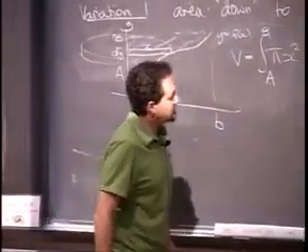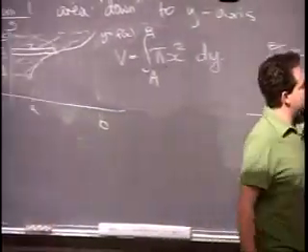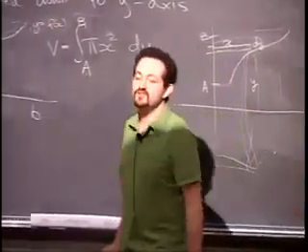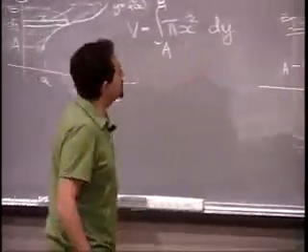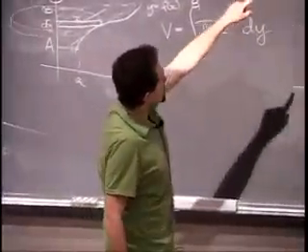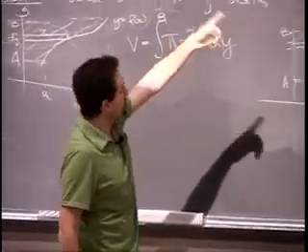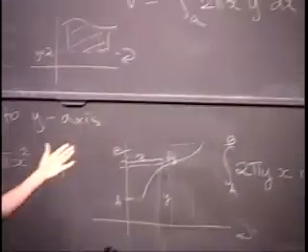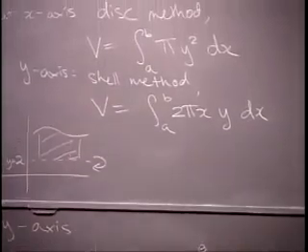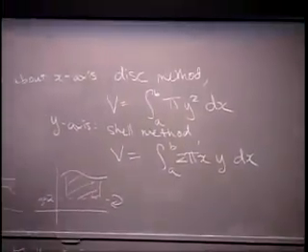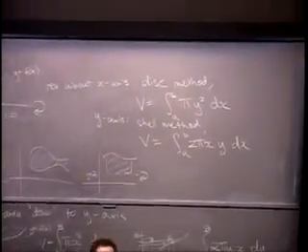In any case, here you have 2 pi y x dy. Now you might think this looks very similar to the other formula that I wrote on the board above. There it is, 2 pi x y dx. Well, isn't it the same thing? You're integrating 2 pi xy, even if I write it as yx here and xy up there.